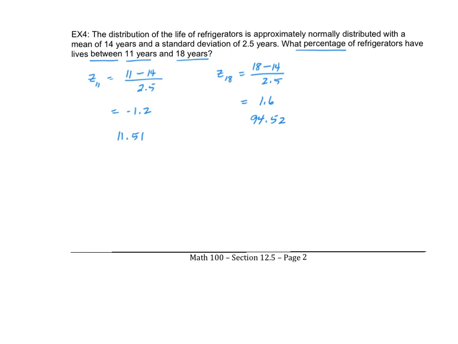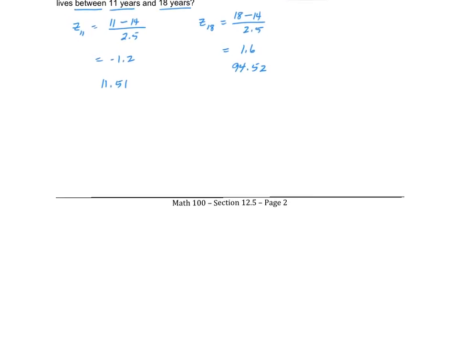So remember, between just says that we're going to take the larger and subtract the smaller. When I do that subtraction, I get 83.01%. So 83.01% of all refrigerators have lives between 11 years and 18 years.